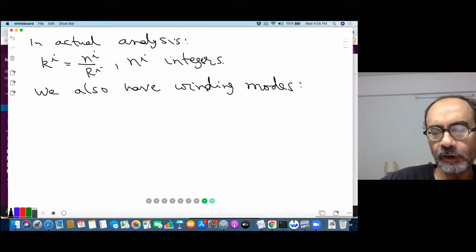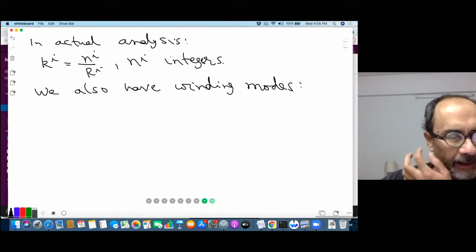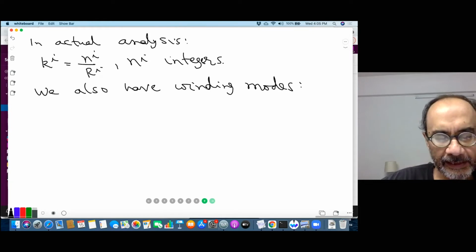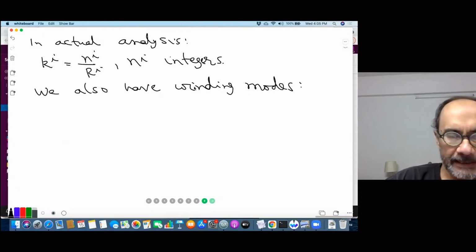So what are winding modes? Recall that earlier when we expanded our X^mu as a function of tau and sigma, we had expanded in powers of e to the i n (tau minus sigma). And then e to the i n sigma came because sigma had a period of 2 pi. So that's why the expansion had to be in powers of e to the i n sigma, and then the e to the i n tau came from the time dependence.